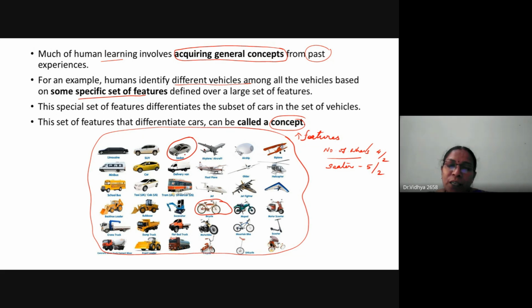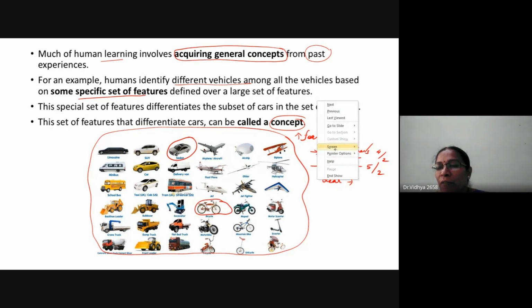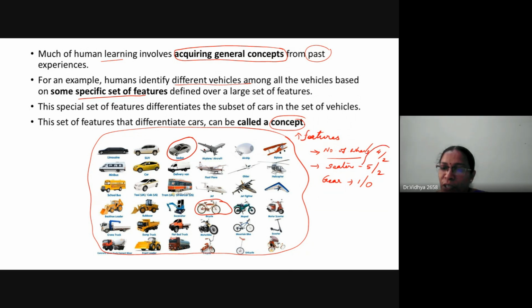Similarly, other conditions like the gearing system. A car has gears, but a bicycle doesn't have gears, so it is 0. So we are able to differentiate those vehicles with some set of specific features. We call those features concepts.